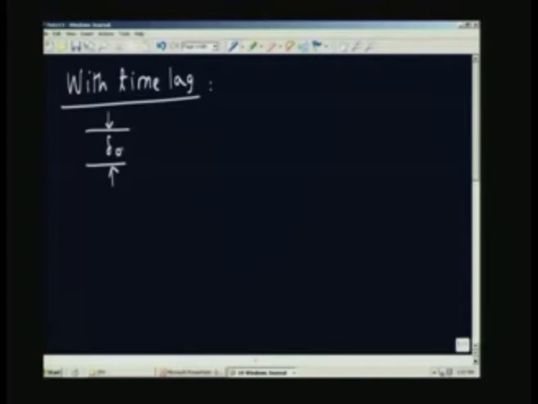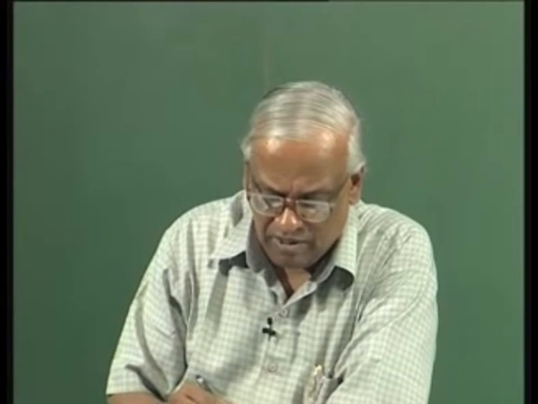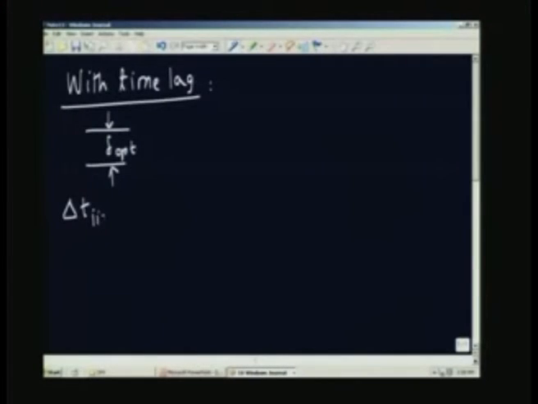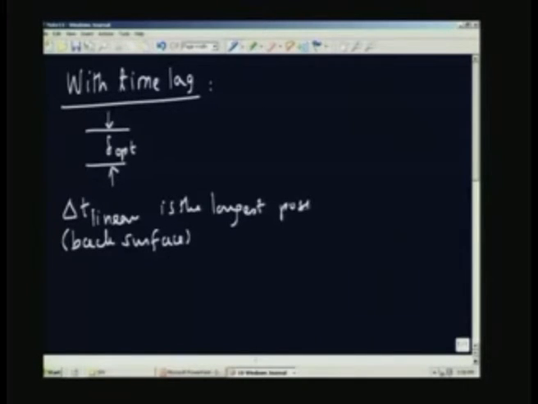So with time lag, it can be shown that there is a certain thickness which you call the optimum thickness for the slug, such that the portion wherein the temperature is more or less going linearly, so we will call it delta T linear, for the back surface, is the largest possible given the highest temperature the slug can be exposed to.